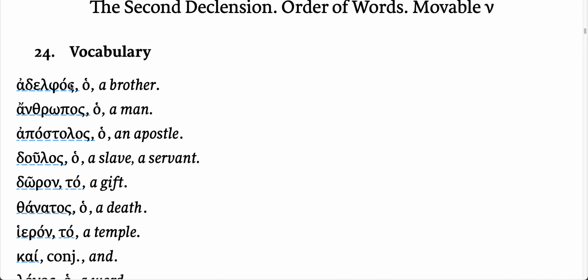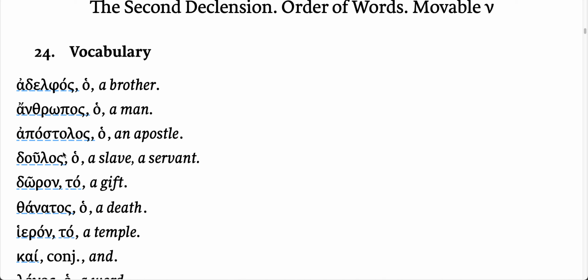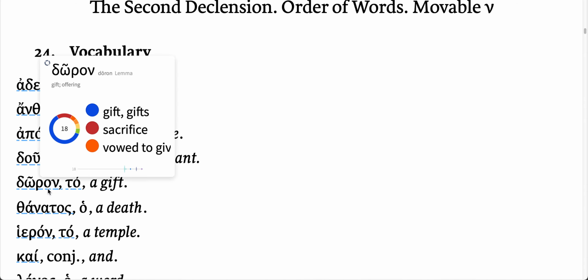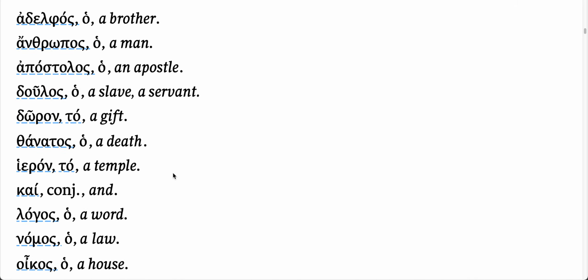Remember, the accent mark is where you place the stress when you're saying the word. Doron, that tells me it's neuter, because I learn the article with the noun. Technically, the vocabulary is article plus noun. That's so you can learn the gender of the word, okay?